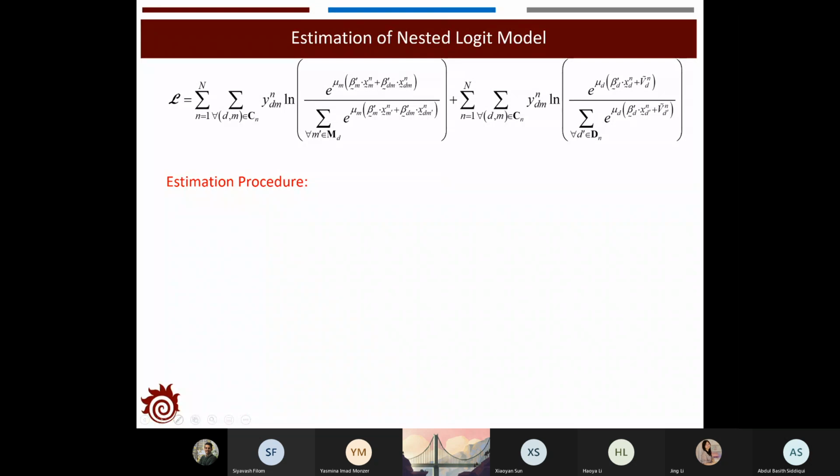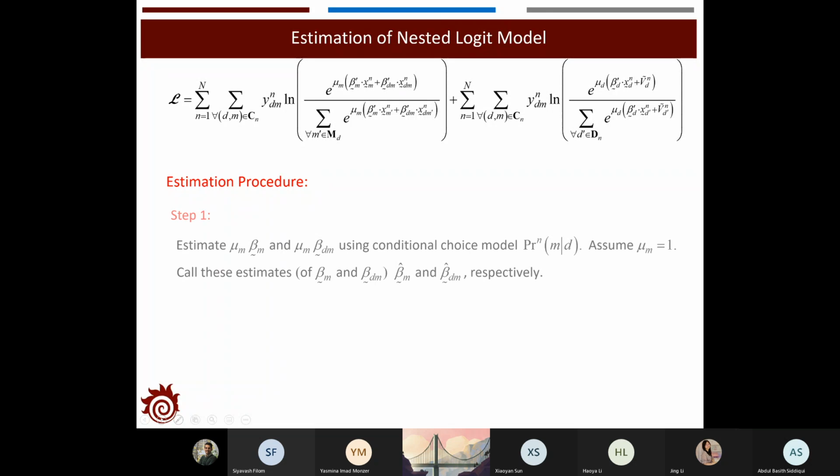So there are several steps for you to conduct the calibration or the estimation of those parameters. First of all, we're going to work on the mu m times beta m and mu m times beta dm. So we will work on the first component.